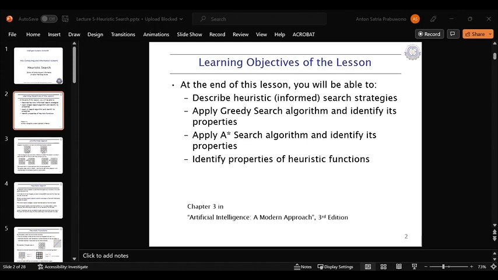Do you have this textbook, Artificial Intelligence: A Modern Approach? I hope you downloaded this textbook already from the library. Problem solving, okay. To show you this book.